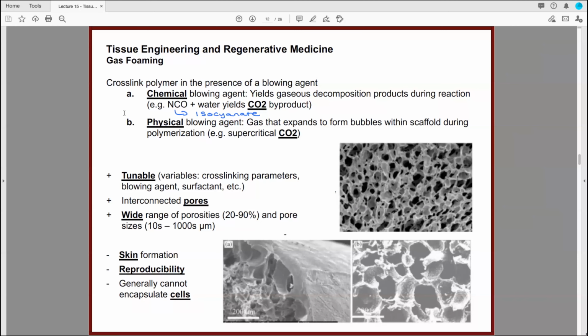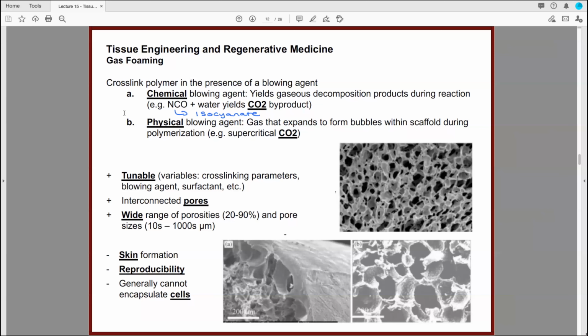So another way to do it is a gas foaming method. You can cross-link a polymer in the presence of a blowing agent. Chemical blowing agents yield gaseous decomposition products during reactions. So when we mix an isothiocyanate with water, we yield a carbon dioxide byproduct. That carbon dioxide, as it's released, will allow for the expansion of these polymers and the creation of the pores.